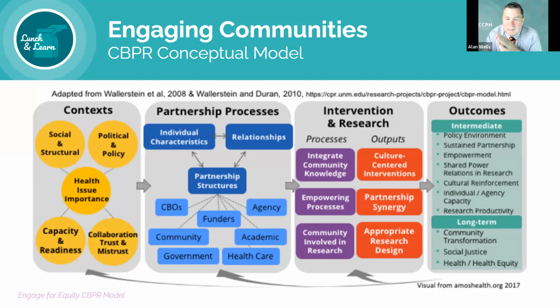Moving on to intervention and research, we look at process and outputs. And that's what we're going to talk about today. How can we integrate community knowledge to create culturally appropriate, centered interventions? What is the empowering process making the partnership work? What can drive it to be successful?